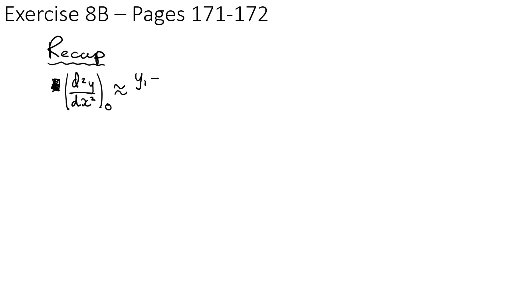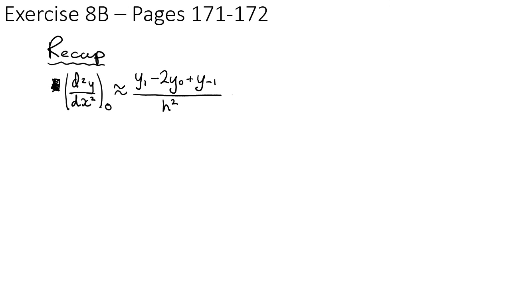As usual, a quick recap of what we've done. Basically we extended Euler's method to second order differential equations, and we started by saying, if you want to find the second derivative at the initial conditions, we can work it out like this. This is basically what we get when we work out the change in dy dx over h.